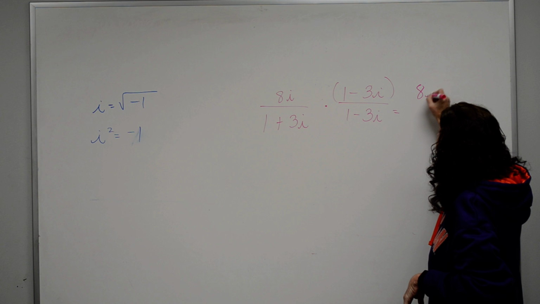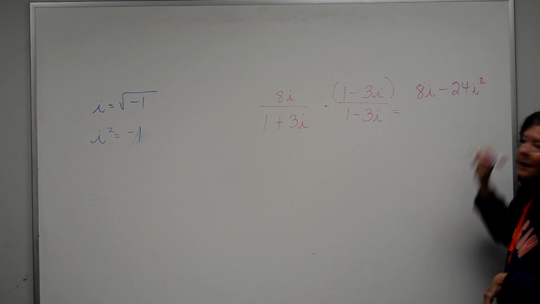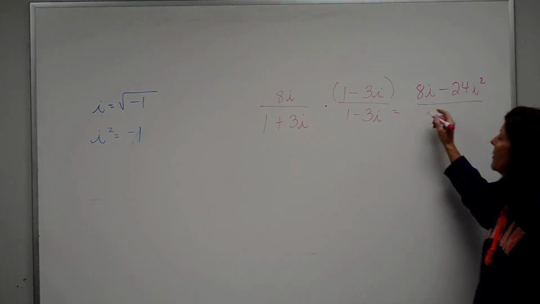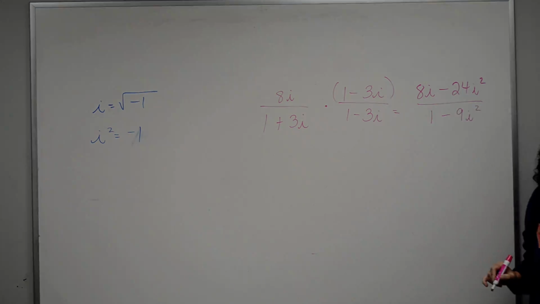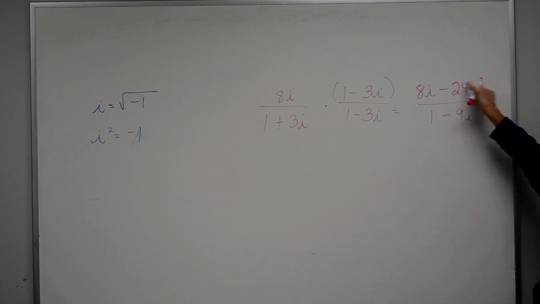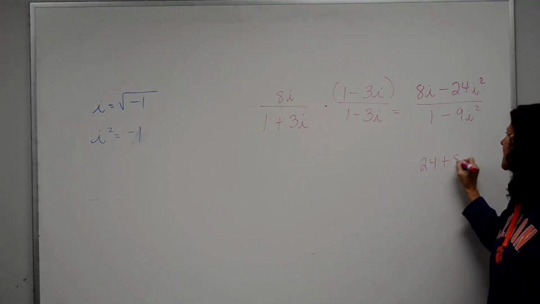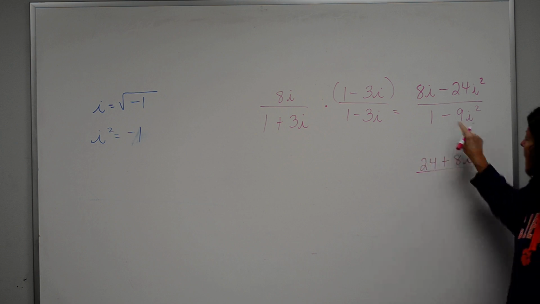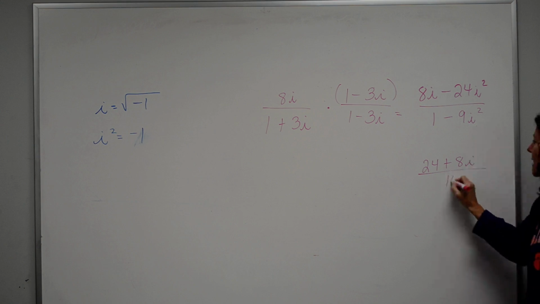So I have 8i minus 24, now be careful, i squared. Okay, I'm gonna have to change that out in a minute. On the bottom I have 1 minus 9i squared, right? So on the top, that i squared is a negative, which is gonna make that a positive 24. So I have 24 plus 8i on the top, because remember, I gotta write my number first. On the bottom, I'm gonna have a 1 plus 9, or a 10 on the bottom.